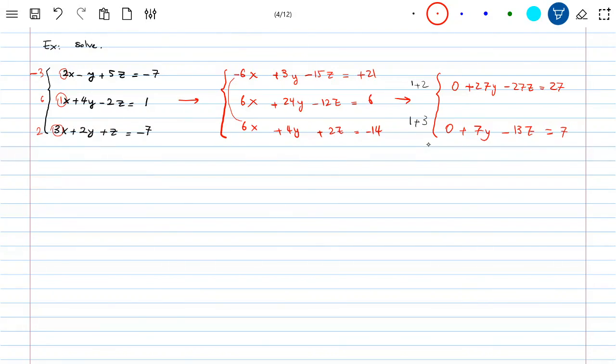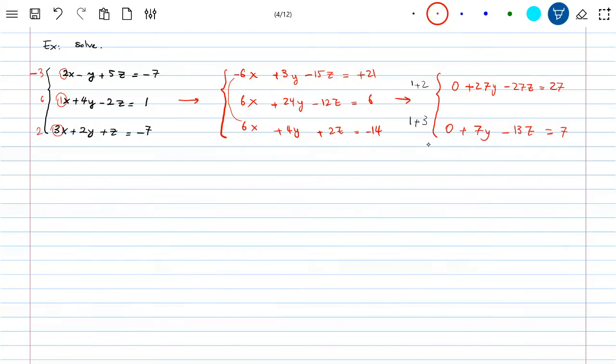So let's double check. You multiply the first equation by negative 3, you get negative 6x, positive 3y, minus 15z, and positive 21. 6 times 1x is 6x, 6 times 4y, 24y, 6 times negative 2z, negative 12z, and 6 times 1, 6. 2 times 3x, 6x, 2 times 2y, 4y, 2 times z would be 2z, and 2 times negative 7, negative 14.